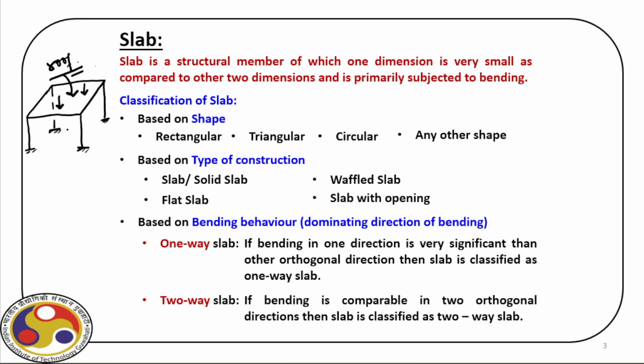So first thing to be noted here, if I draw the thickness of this slab compared to the other dimensions, this thickness is very small as compared to say Lx and Ly. So slab is a structural member for which one dimension is very small compared to the other two dimensions, right?